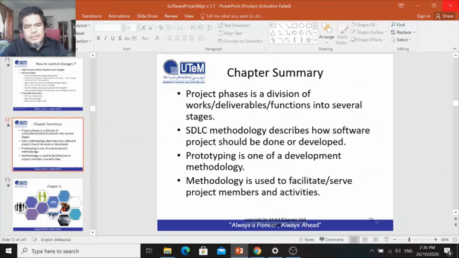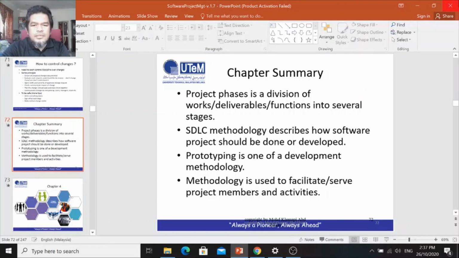Okay, class. In summary, a project phase is a division of work or deliverable or function into several stages. We already discussed the project life cycle compared to the software development life cycle. All life cycles involve phases. Phases are very important for you to manage the project accordingly.